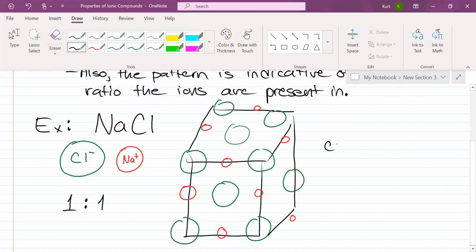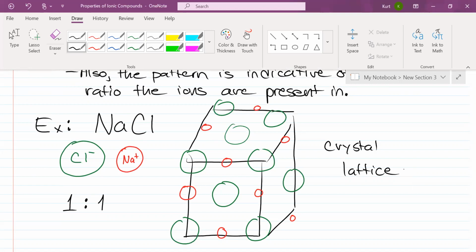This is called a crystal lattice. And this is indicative of all ionic compounds. In an ionic compound, you have a repeating pattern of the cation and the anion, but I want you to know that this is the ratio in which they are present.